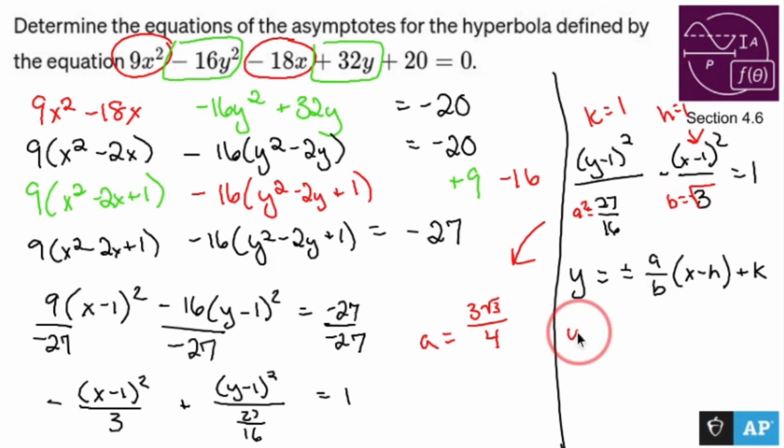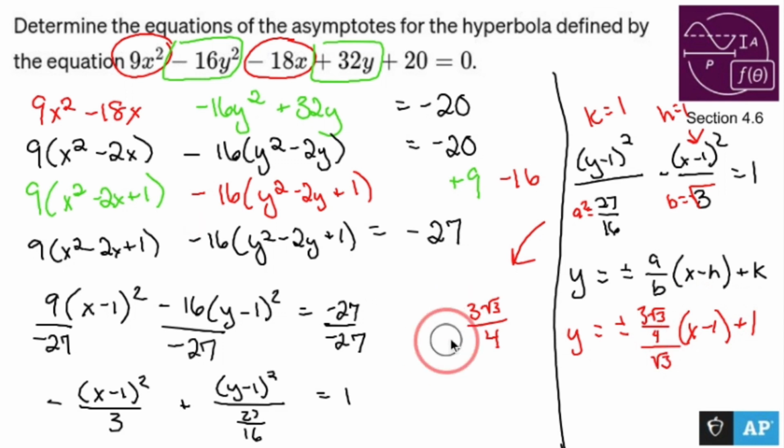So y equals plus or minus a, which is 3 root 3 over 4, over the square root of 3, which is kind of good news, times x minus h, so x minus 1, plus 1. Now let's take this chunk over here.